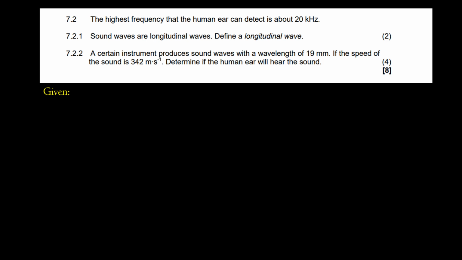In this instance, we are given that the speed is 342 meters per second. We are also given that the wavelength lambda is equal to 19 millimeters, and we need to determine the frequency, which we can convert to kilohertz at the end so that we can compare.